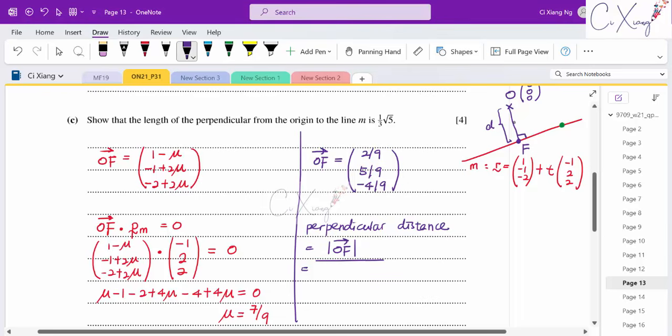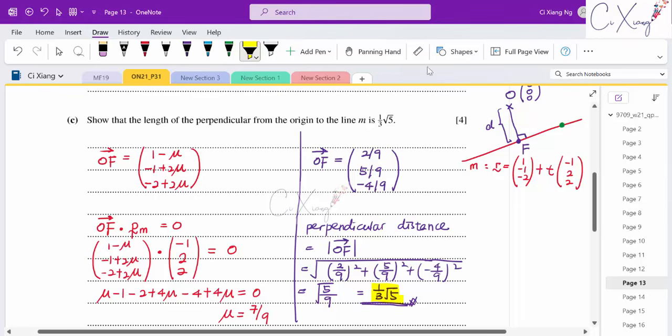Therefore, you just need to find the length of it. So it will be 2 over 9 squared plus 5 over 9 squared plus -4 over 9 squared. If you simplify everything here, you have square root 5 over 9. Of course, square root 9 can be simplified to become 1 over 3. Therefore, you have the answer that they want us to show, which is equal to square root 5 over 3.